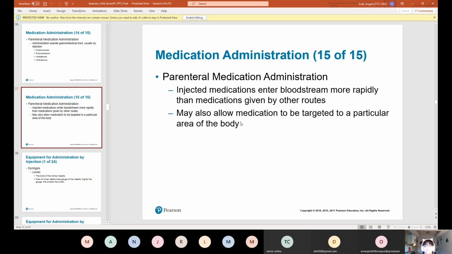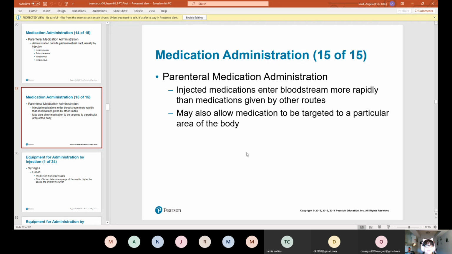Some parenteral medications, especially steroid injections and pain medication injections, may be given directly to target an area. I know I've had steroid injections in my knees and in my shoulders, and those are usually a little painful, but they usually give immediate relief to the patient after administering.